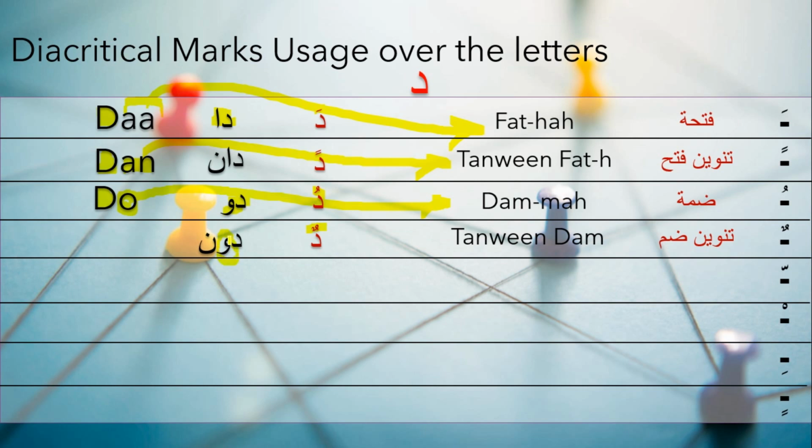As you can see, if you make a small comparison between the fatha and tanween fatha, then dhamma and tanween dhamm, the fatha will be da and the tanween fatha will be dan. Dhamma will be do, and with the tanween dhamm it will be don. So we only add the alif.